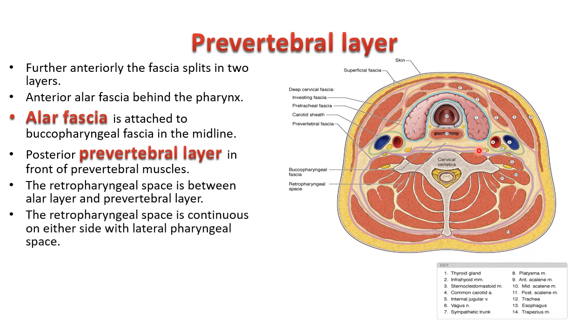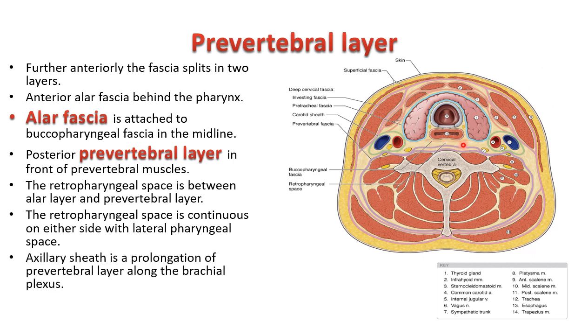Okay, so that is the retropharyngeal space which you are able to see here, which is present between the alar and the buccopharyngeal fascia. This alar and buccopharyngeal fascia in the midline is fused, so you have retropharyngeal space on either side of this midline fusion.